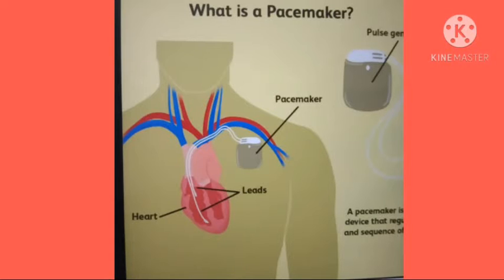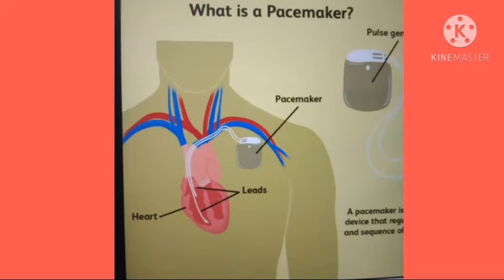Our heart is a muscular organ made up of a specialized type of cells called cardiac muscles, and these cardiac muscles continuously show movement, that is contraction and relaxation.